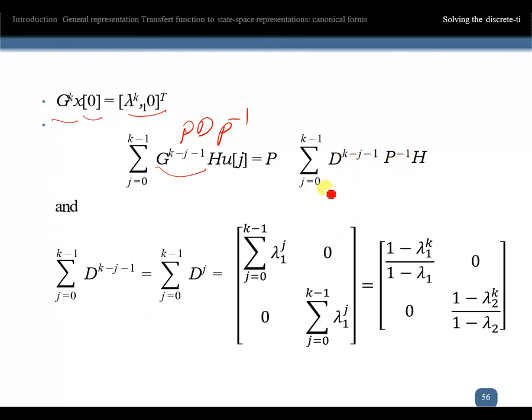First I want to calculate this part: the sum from j equal to 0 to k minus 1 of D^(k-j-1) is equal to the sum from j equal to 0 to k minus 1 of D^j, and I know D is the eigenvalues. The sum becomes the sum of lambda 1 to the j and lambda 2 to the j.